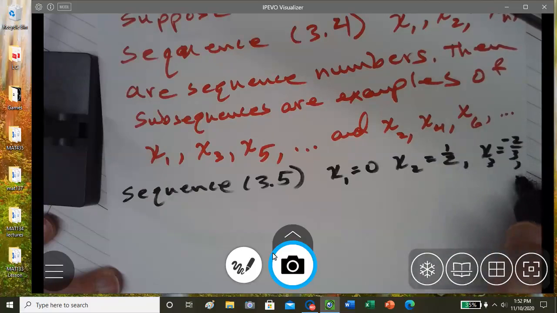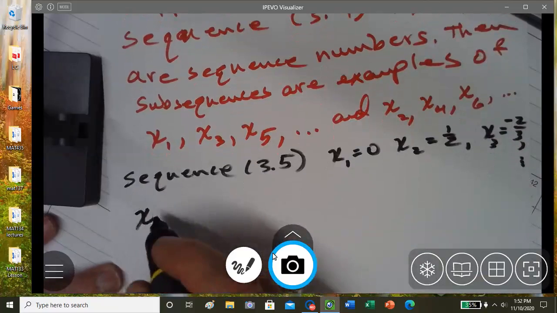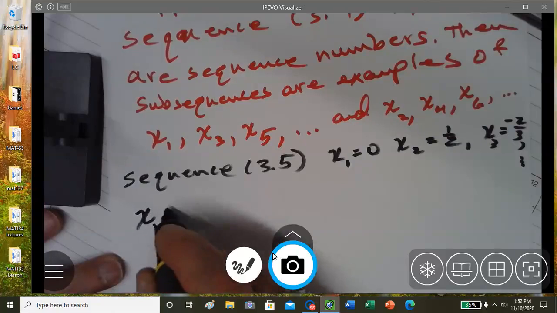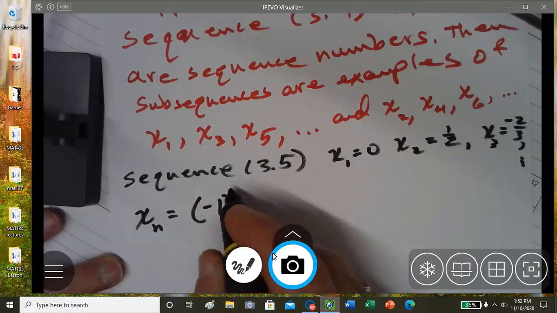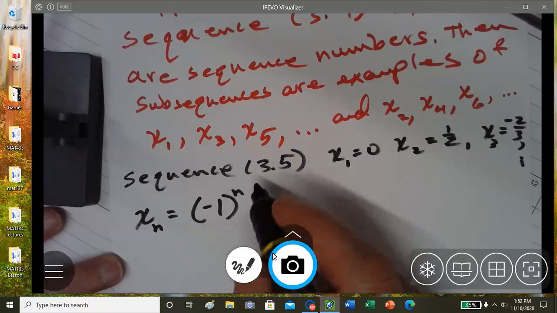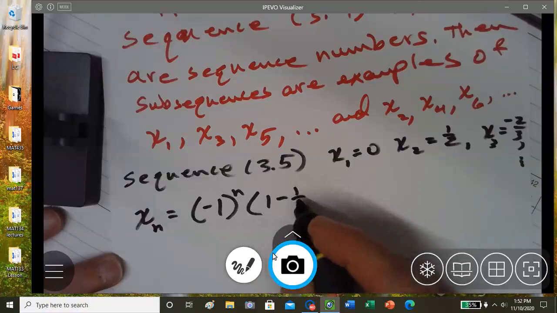That continues on. So here we have the sequence x sub n equals negative 1 to the n power times 1 minus 1/n.